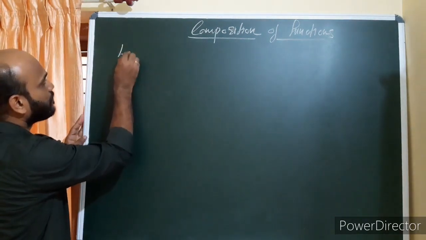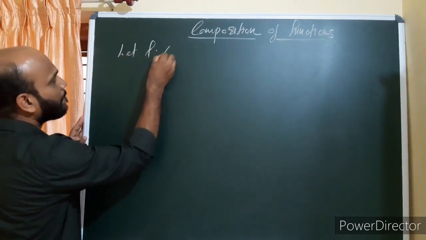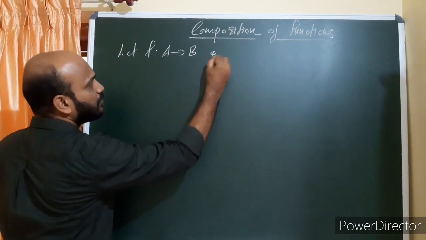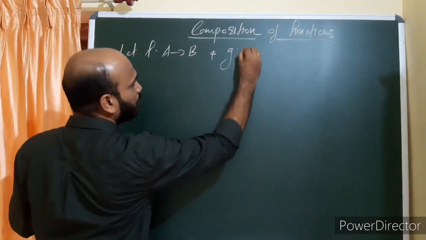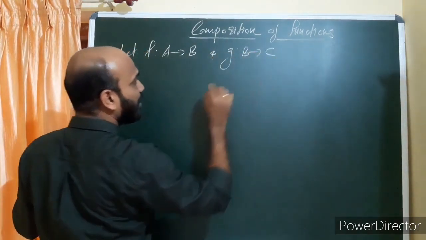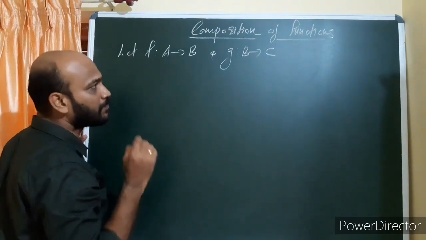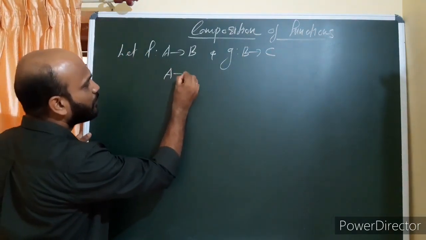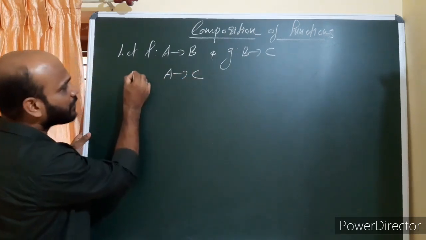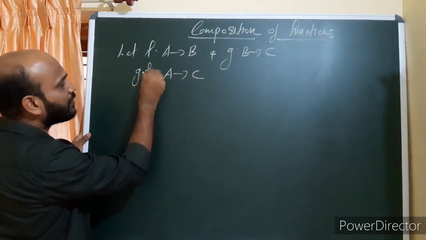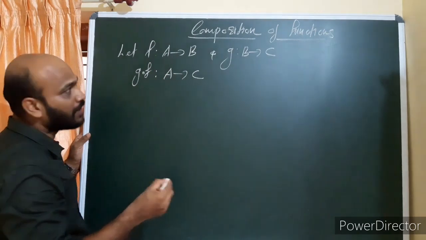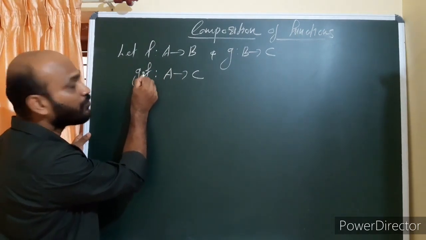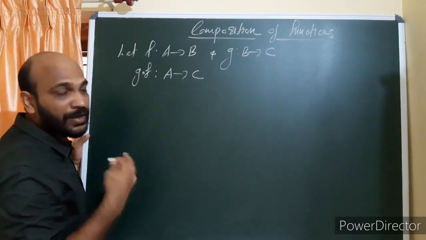Let f from A to B and g from B to C be two functions. Then there exists a function from A to C. That function is denoted by g∘f. It's read as "g of f". Like that you have to read.